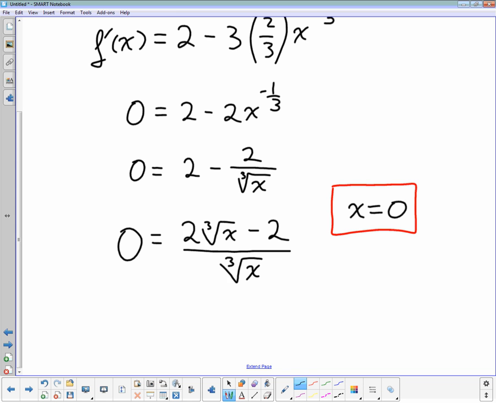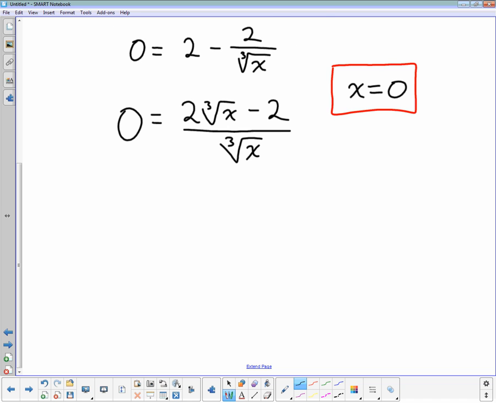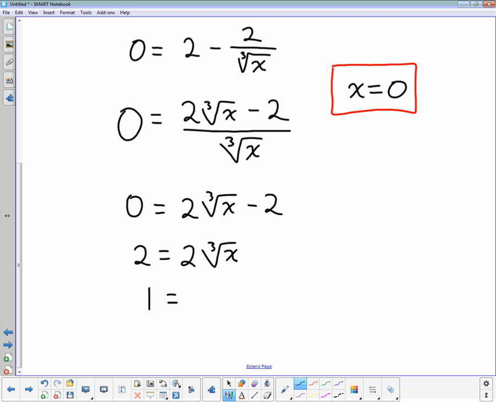That's where we need to care about. And 1. Those are two places we care. We just got rid of the denominator.